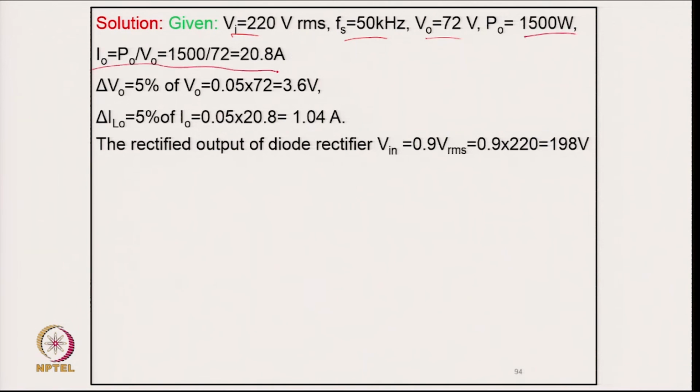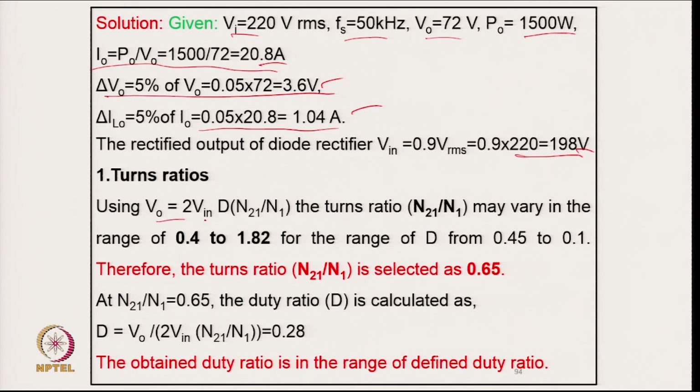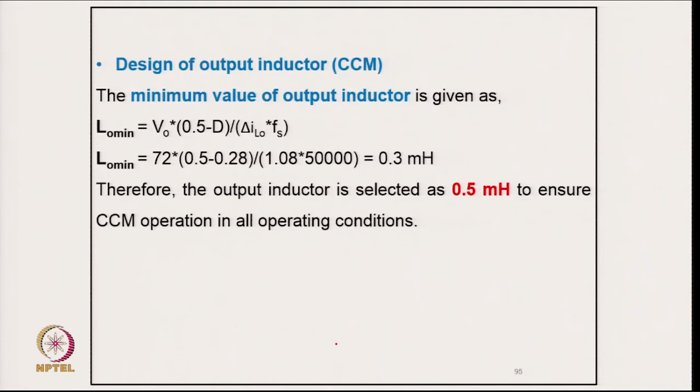The output current is calculated from output power and output voltage, 20.8, and output voltage ripple from output voltage and 5% ripple, 3.6, and output inductor current ripple 1.04, and the input average voltage comes out 0.9 into 220, that is 198, and the turns ratio from the relation V0 upon 2 Vin, from this turns ratio may vary from 0.4 to 1.82 if we take a duty cycle 0.45 to 1. Therefore, the turns ratio is selected 0.65, and for this the duty ratio comes for the given condition 0.28, which is in the typical range.